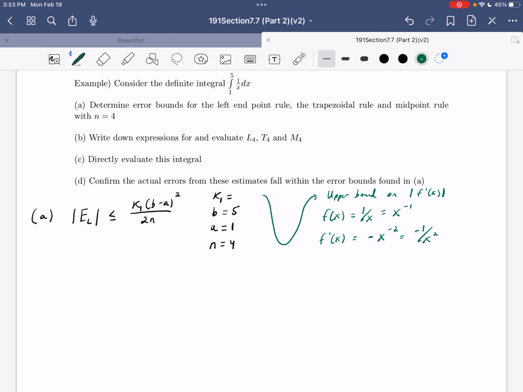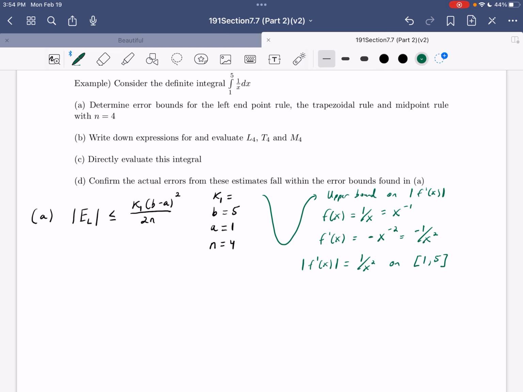Now, if we put that in absolute value, it is going to be 1 over x squared on the interval 1 to 5. Our question is we need to find an upper bound for this. In other words, where is this first derivative largest on the interval 1 to 5?